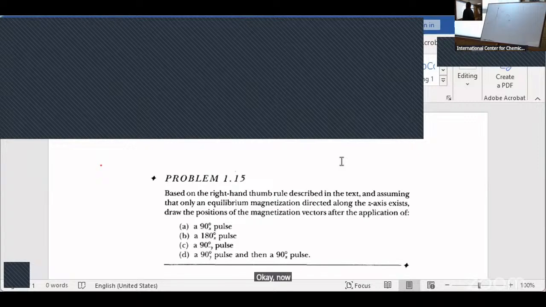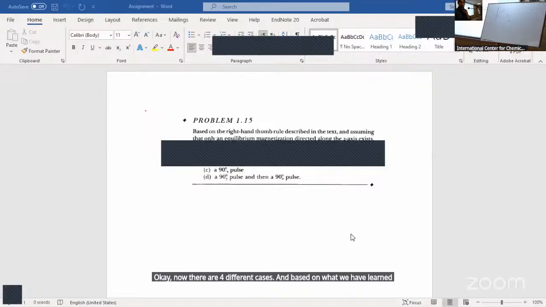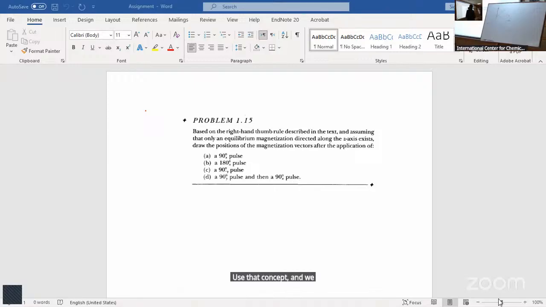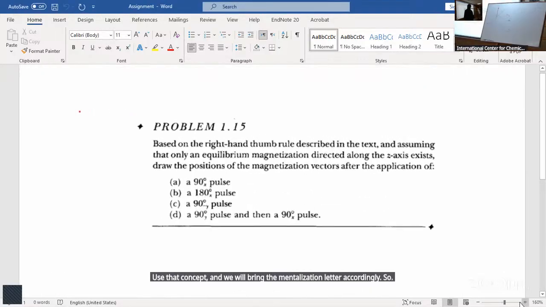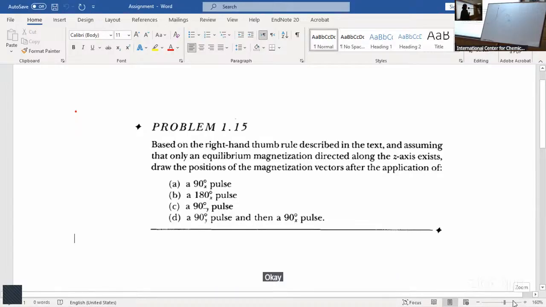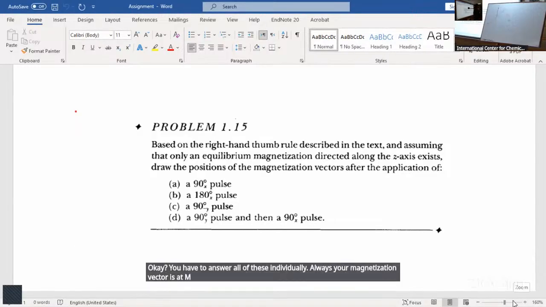Now there are 4 different cases, and based on what we have learned till now, we will use that concept and bring the magnetization vector accordingly. Your magnetization vector M naught is at plus Z direction for the current situation.